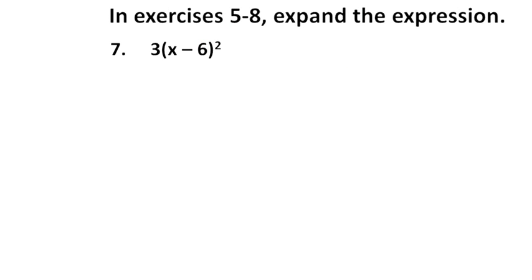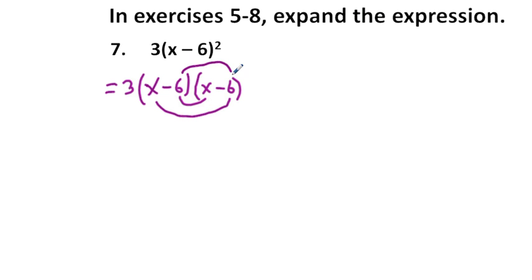Okay, number 7. We have 3 times (x minus 6) squared. On this one here, what I'm going to do is use that FOIL method that I just displayed the first time. So we have x minus 6, x minus 6 here. We're going to multiply all these together and then multiply by 3.